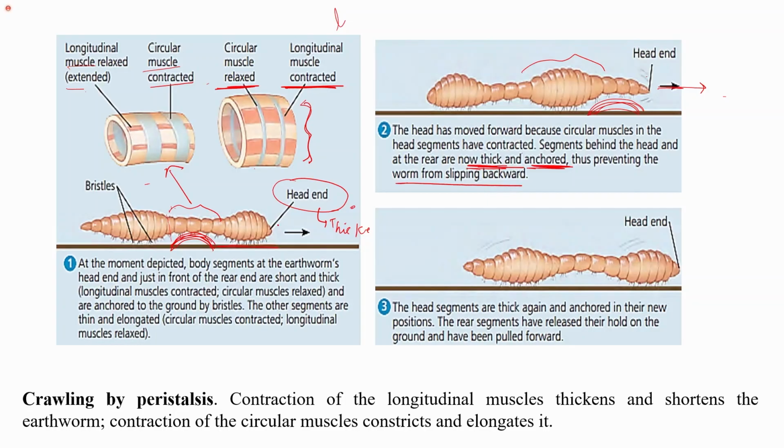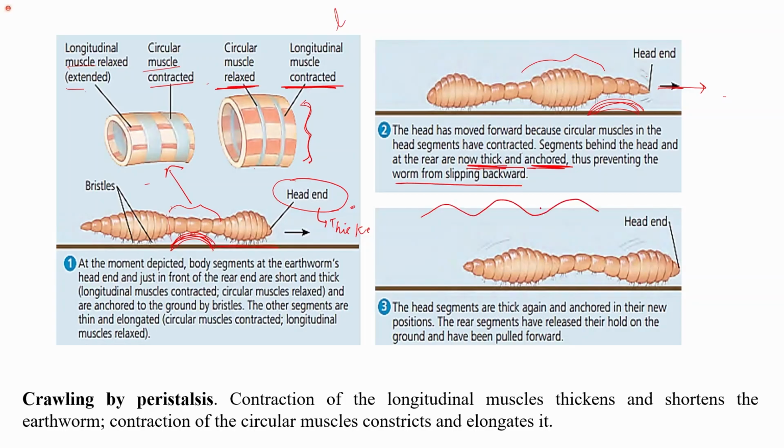Again, the opposite of what was taking place in step 2 will happen. Again, the head segments are thick and anchored in the new position. The rear segments have released their hold on the ground and have been pulled forward. So in that way, this happens.